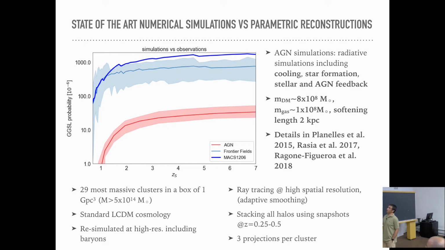So again, these are the frontier fields, MACS J1206. The red line shows you what kind of probability you measure when you analyze high resolution hydrodynamical simulations, state of the art, I mean with all the current implementation of the baryonic physics included, okay?